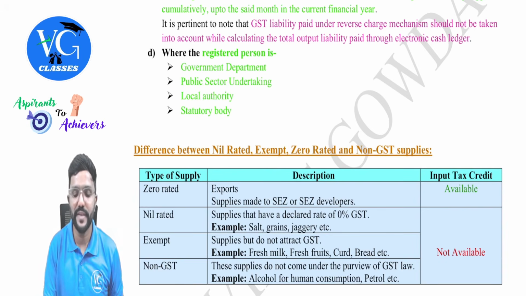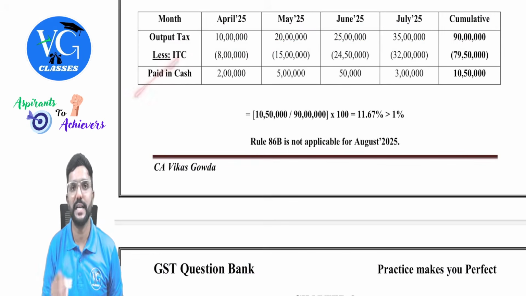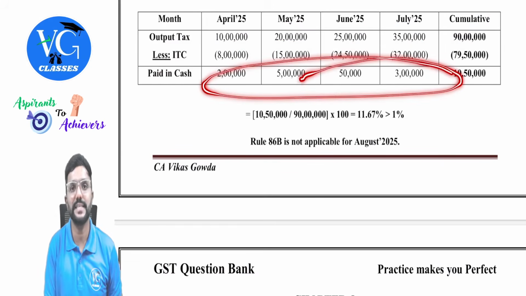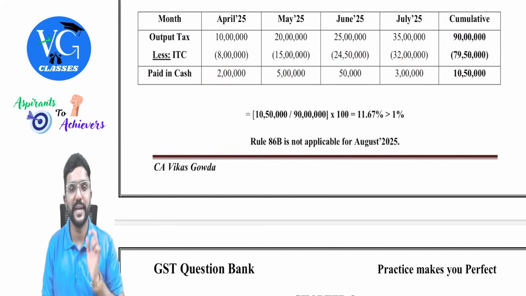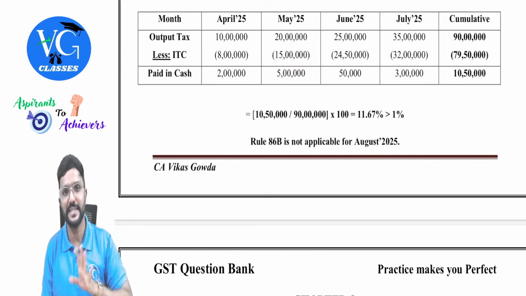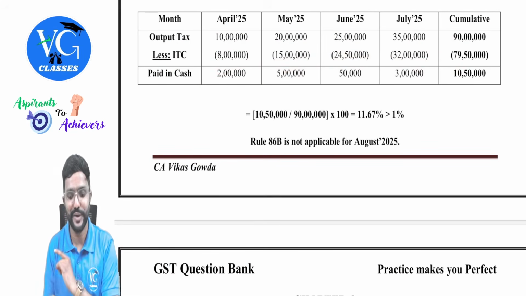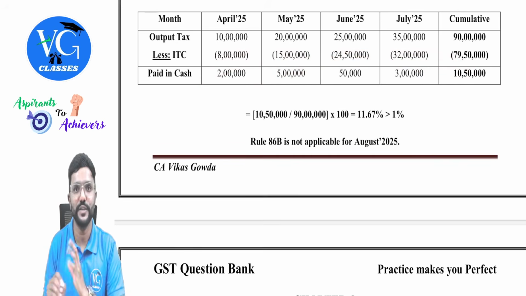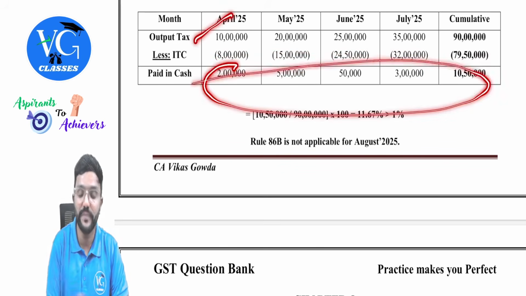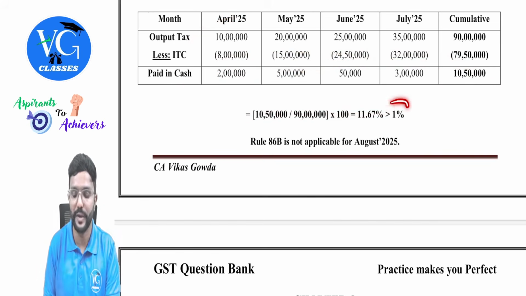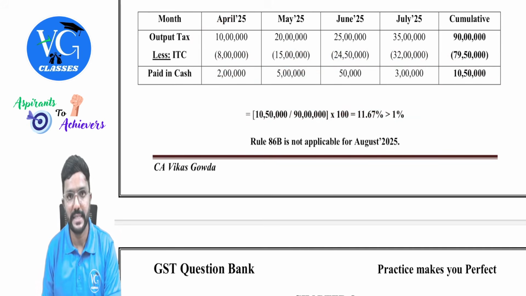So whatever amounts we are taking here, paid through cash ledger, should we consider input tax here or only output tax? Only output tax. No, no. How much of my output tax is paid through cash ledger only we need to take here for calculation of that 1%. Is that clear?